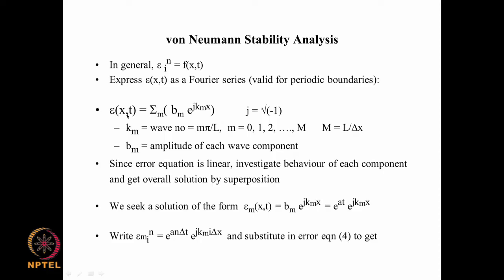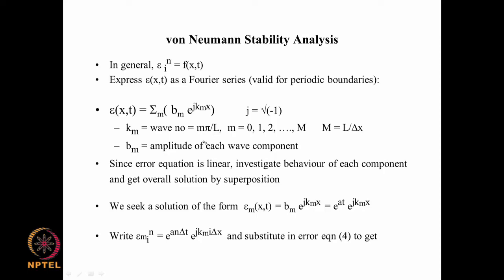The error at a particular time t is now a function of space. This spatial function epsilon(x) is represented as a coefficient times a sinusoidal component coming from this exponential of j k_m x, where k_m is the wave number, which is inverse of the wavelength, given by this thing here.